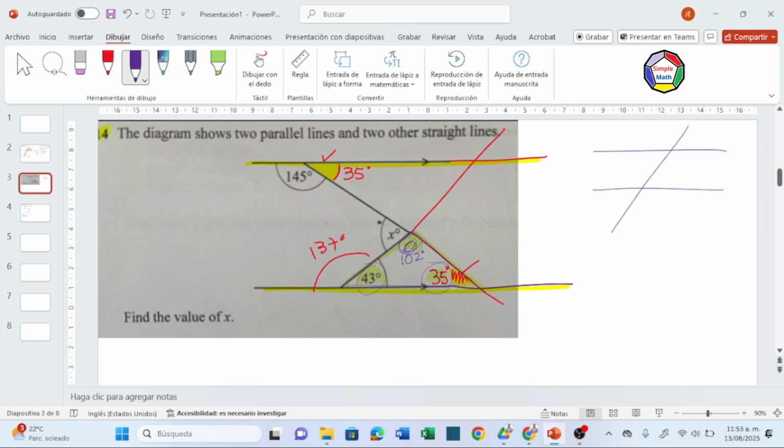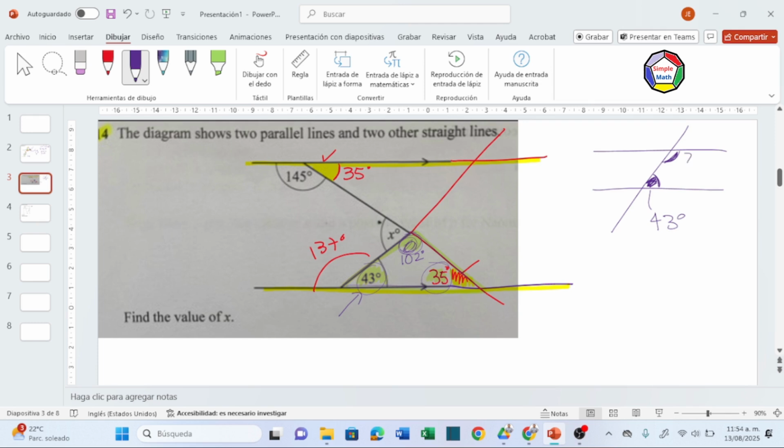We have this angle. We have this angle, right? This angle actually is this angle, 43. Yes, this is 43. If this is 43 degrees, that means this angle is co-interior with this one.